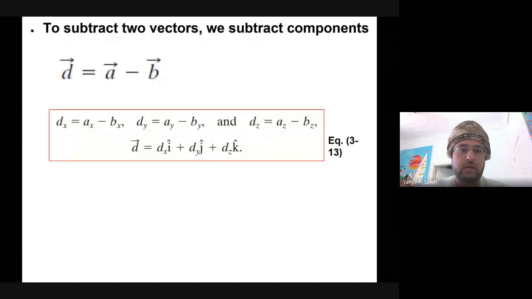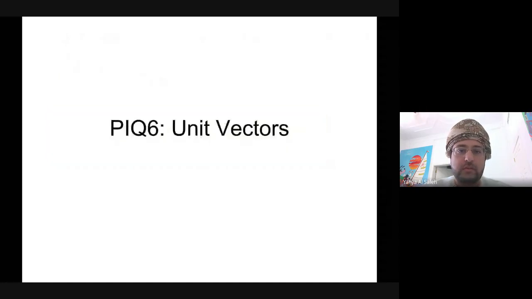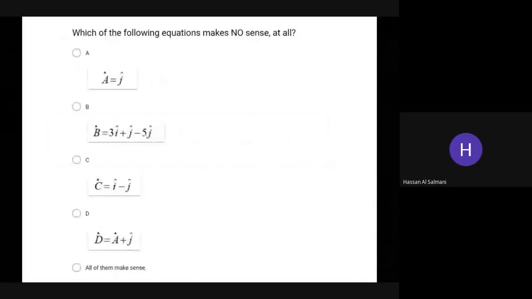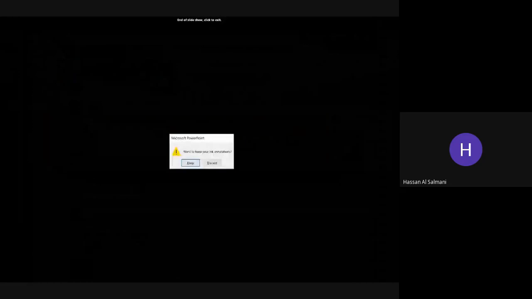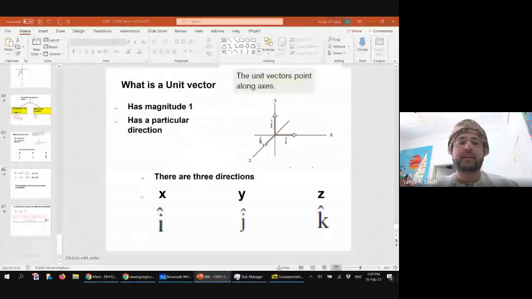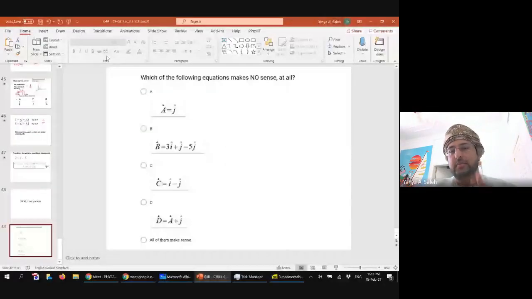But what if we want to multiply two vectors? What do we do then? If we want to multiply two vectors, it's a little bit more complicated. And for that, we will do it in the next lecture, inshallah.